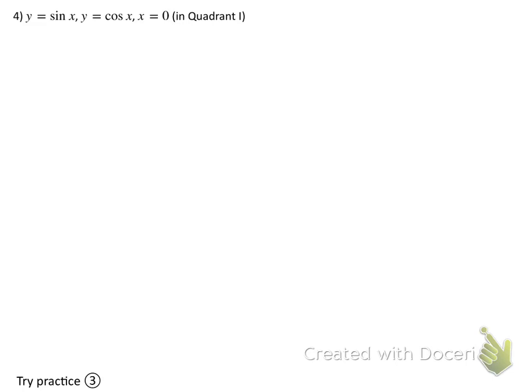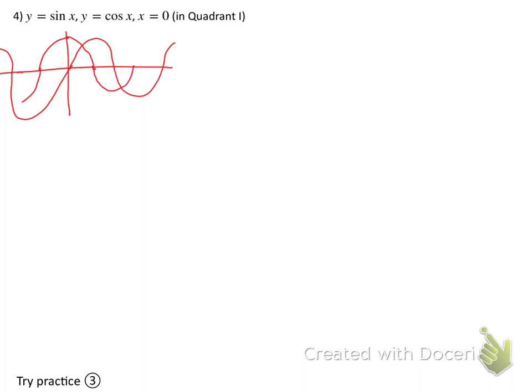Last one, we are having y equals sine x and y equals cosine x and x equals 0. So sine looks like this. I think that's enough. And cosine looks like this. So when you are putting sine and cosine together, you are getting a lot of regions if you only look at sine and cosine.